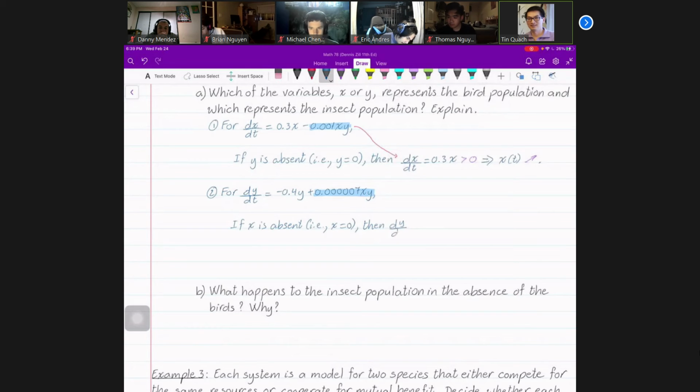Then dy/dt is equal to what? So it's from here, right? What is dy/dt? It is negative 0.4y. Okay, so that tells you that this is a negative number.